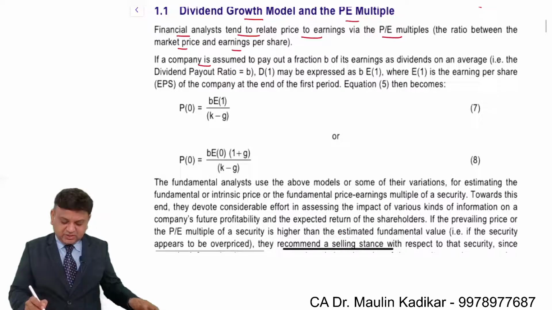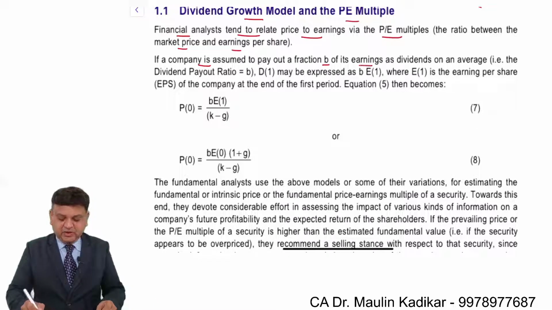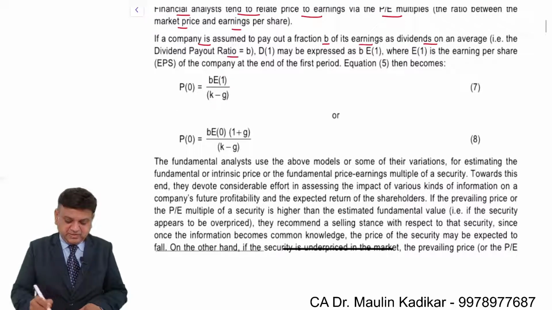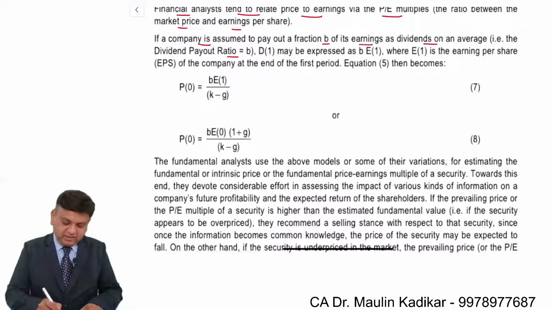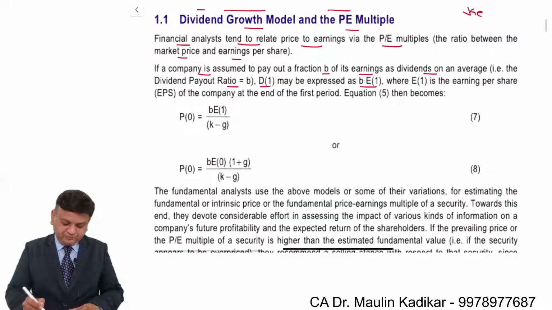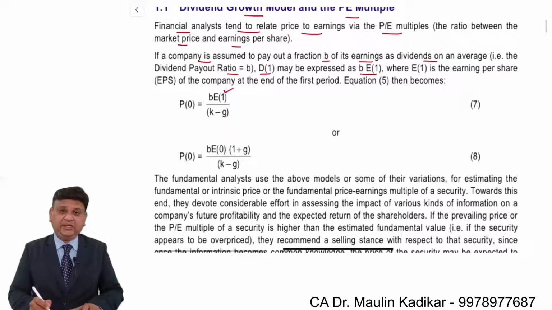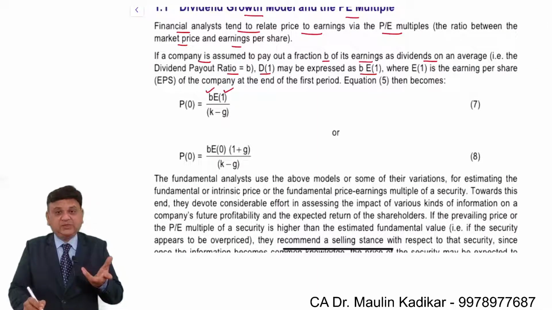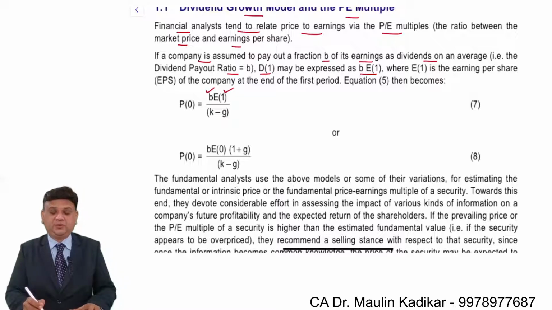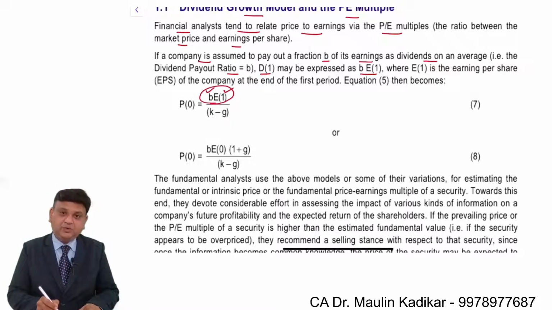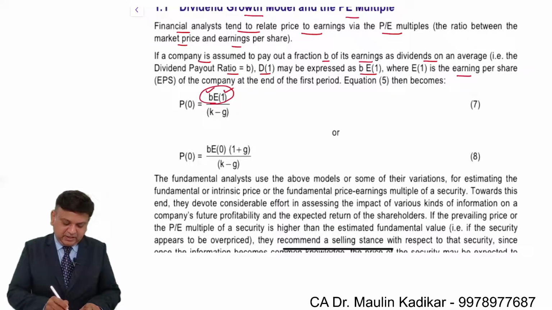If a company is assumed to pay out a fraction B of its earnings as dividend on average, that is, the dividend payout ratio is B, D1 may be expressed as B into E1. So E1 stands for the earnings at the end of year 1, and B is the dividend payout ratio. The multiplication of both of them is D1, the dividend per share of the company at the end of the first period.